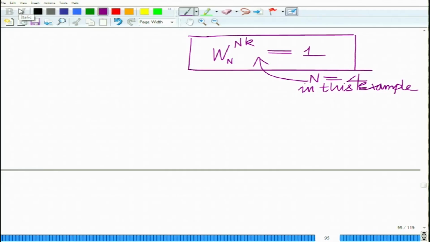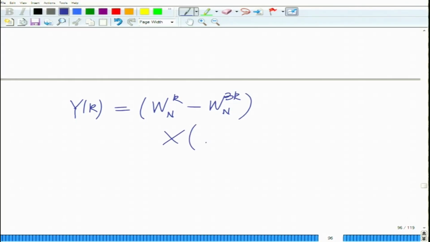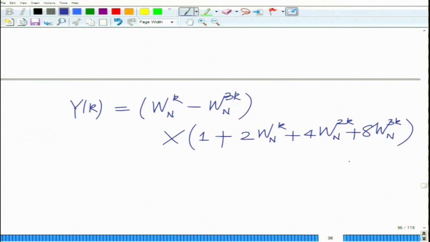We will use this property in the simplification. Okay. So, we have Y(k) equals (W_N^k minus W_N^{3k}) into (1 plus 2 W_N^k plus 4 W_N^{2k} plus 8 W_N^{3k}).